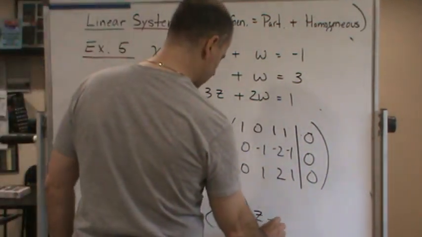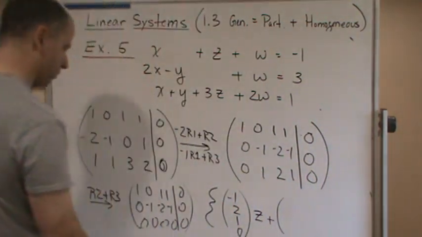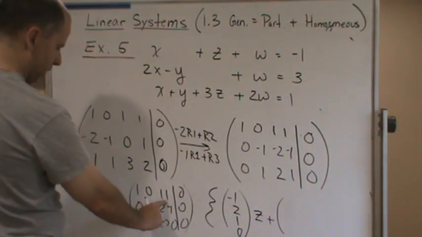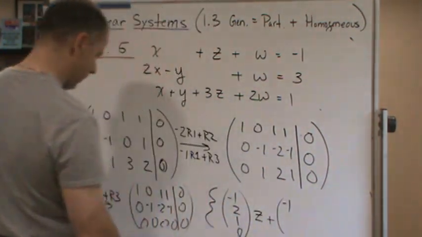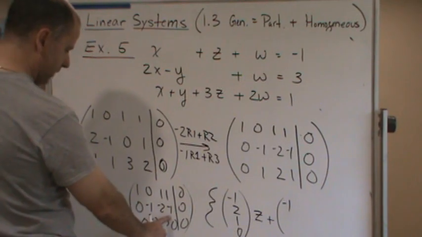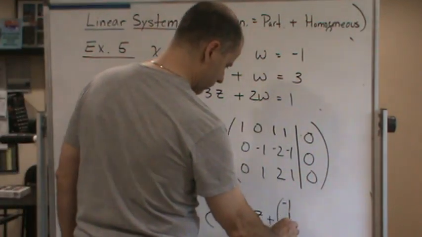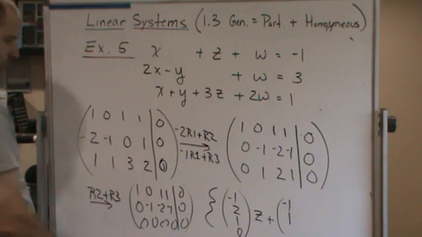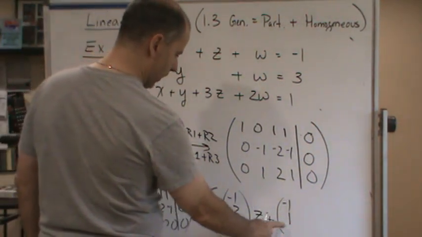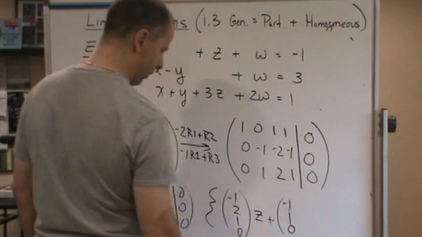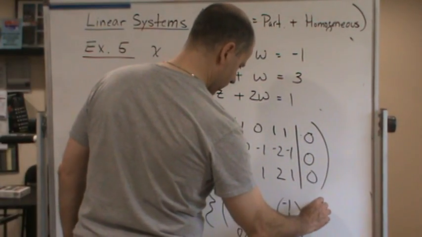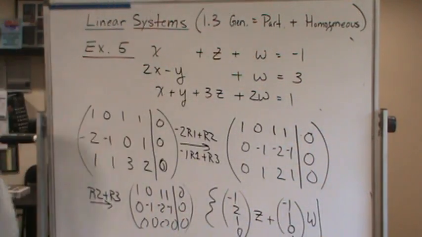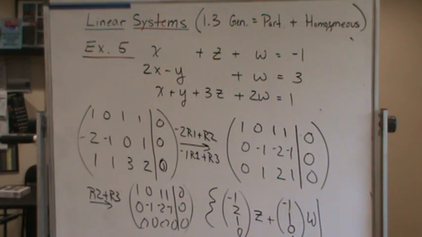And then we're going to plus our other vector, and the way we're going to do that is we're going to go back. So our other vector is going to be -1 for X, and then for this one it's going to be +1. And for this one it's going to be 0 because we don't want Z in here. There's no Z, so it's 0. And I have 1 for W. So that's going to be the form of our set.